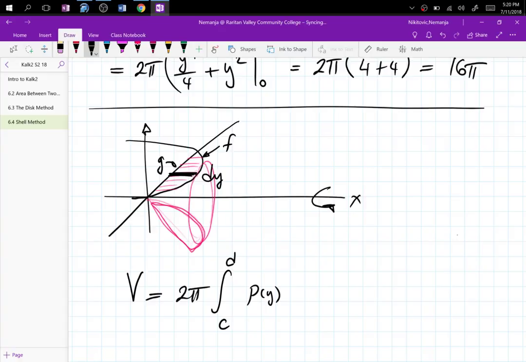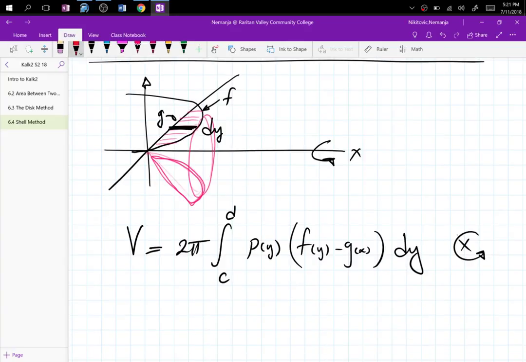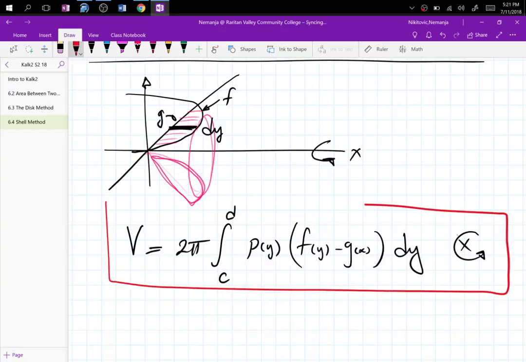If you're rotating away from the axis, then you have p of y, and then over here you have f minus g. So f of y minus g of y, everything dy, and that's the x rotation. So this would be the most general. The washer method is the most general method, and the disk method is a special case when the bottom function is the x-axis or the y-axis.